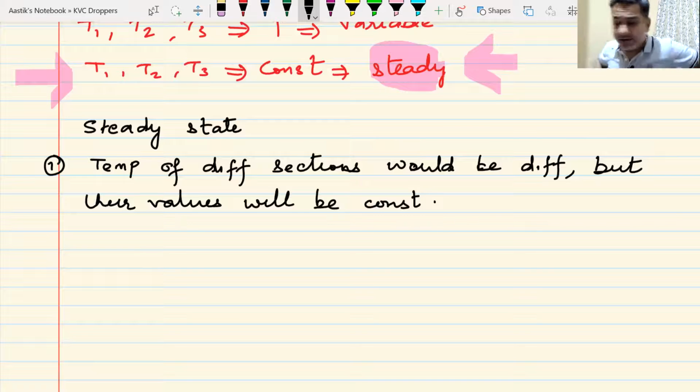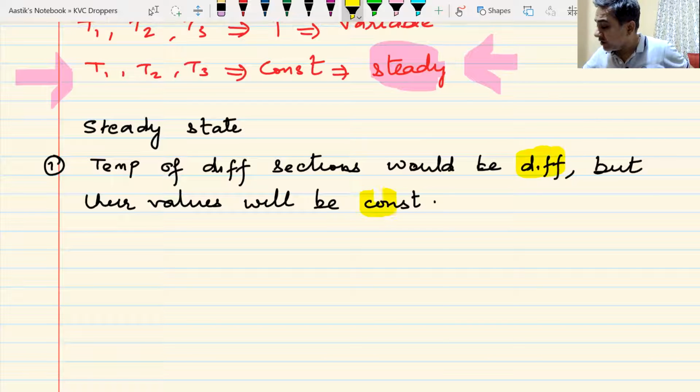Do we understand this? Because I have used two opposite terms. I have told you that they are different, but they are constant. That means different sections have different temperatures, but their values are constant. Do we understand this?